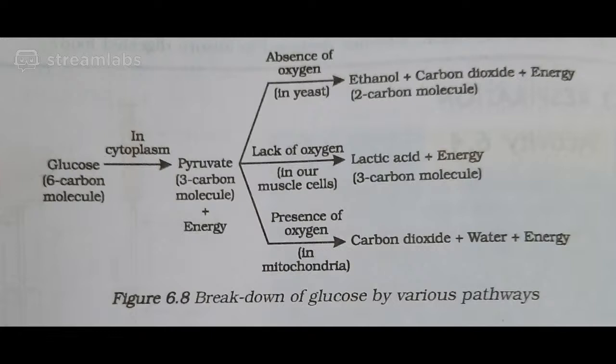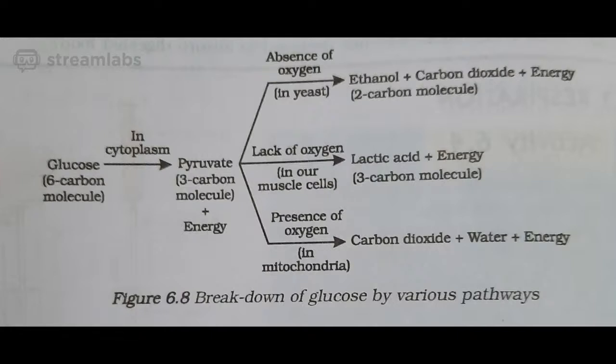The first two flowcharts show anaerobic respiration. That means in absence of oxygen. In the first arrow, in absence of oxygen, commonly in the yeast cells, the pyruvate breaks down into ethanol and carbon dioxide with a less amount of energy.